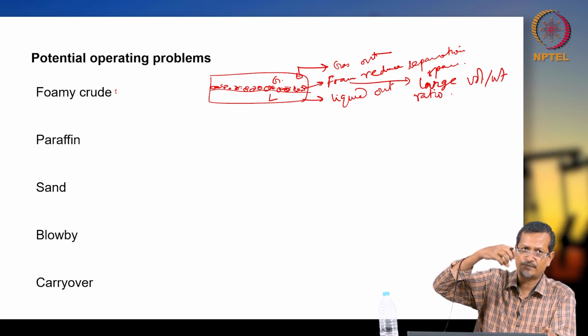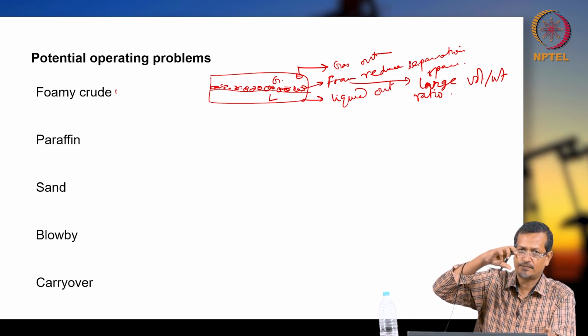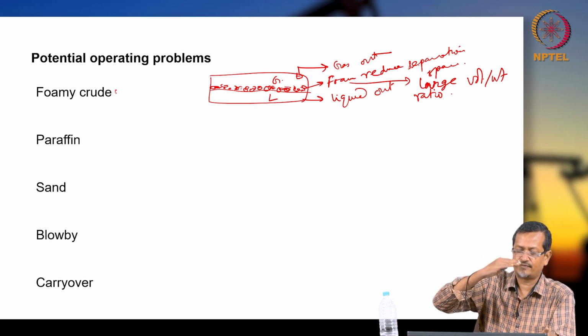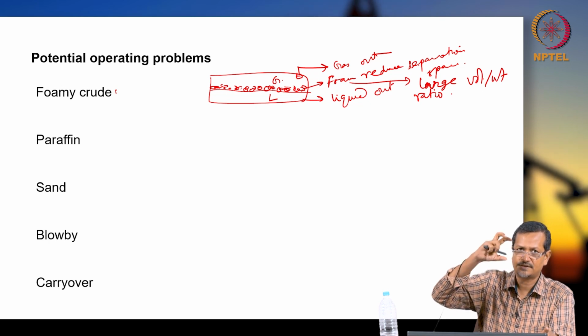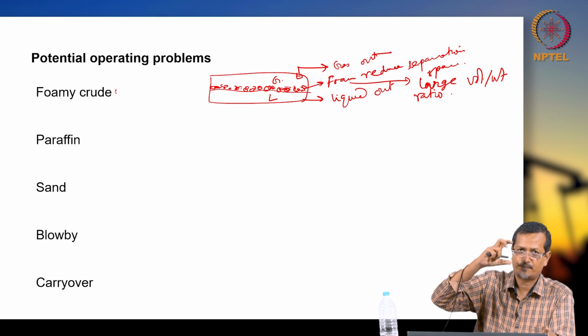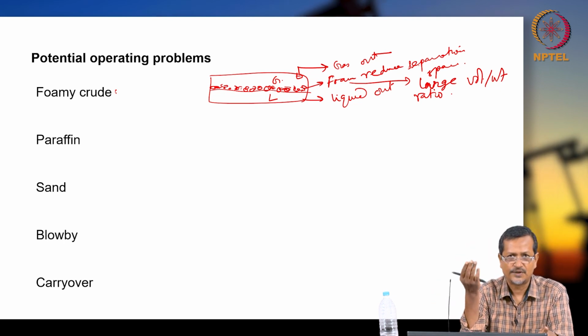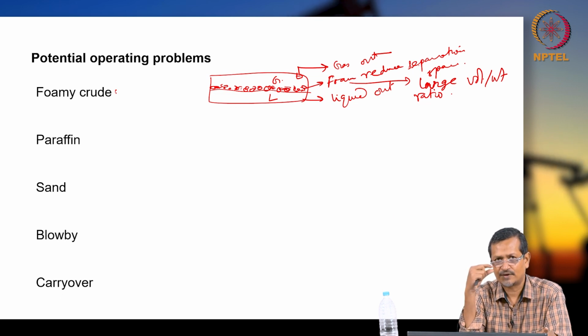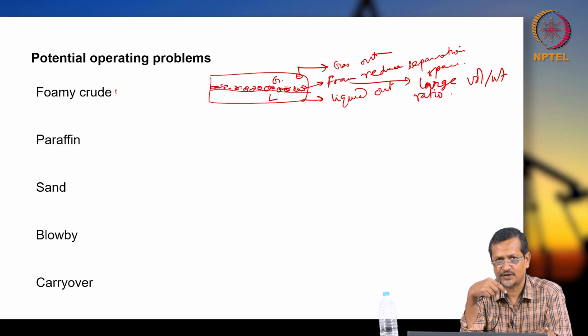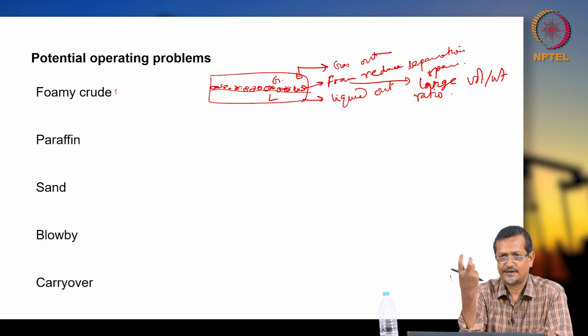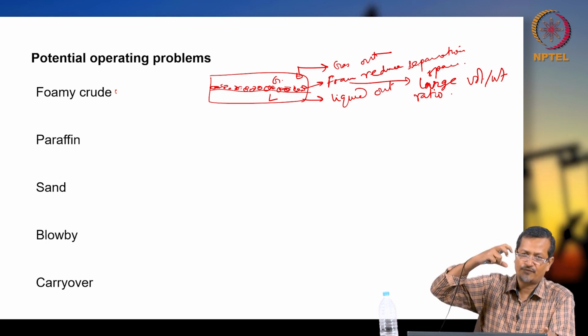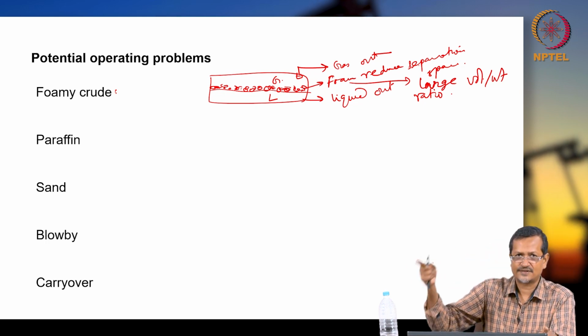That floating device will work if fluid viscosity and fluid gravity are properly matched. It is not matched properly because you created foam. So the gravity of foam is different from the actual liquid. Then how much will the ball float? It will create a wrong signal.